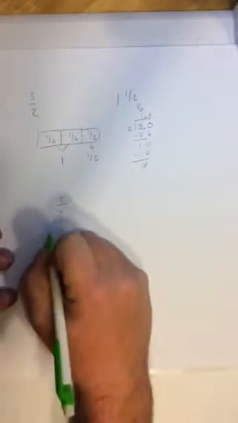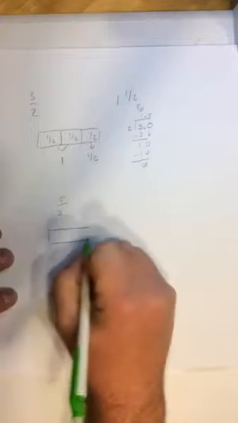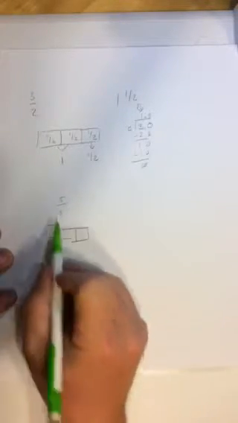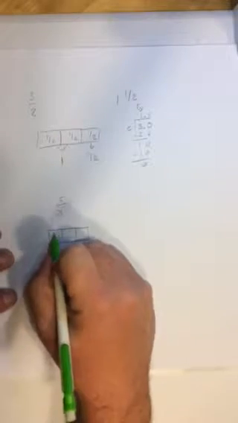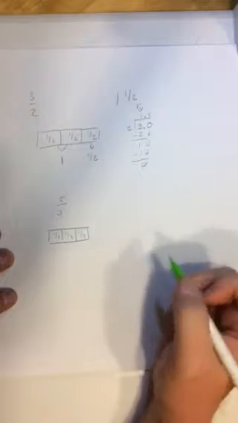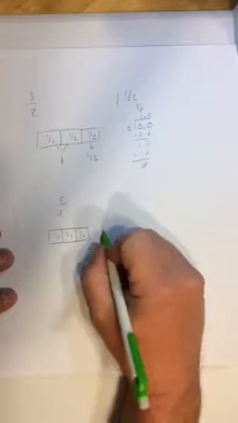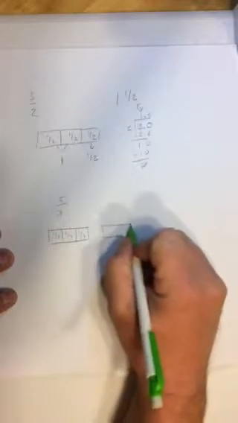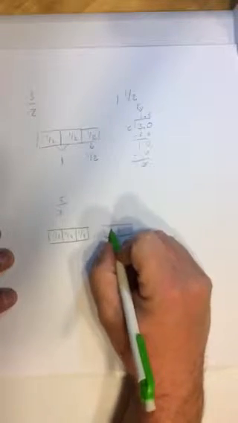5/3. Okay? We're going to look at this the same way. So I'm going to make a box, and I'm breaking it into 3 parts because that is my denominator. So I have 1/3, I have 1/3, I have 1/3, except that I need to have 5 of them. So I'm going to draw a second box, and I'm going to make 2 more thirds.